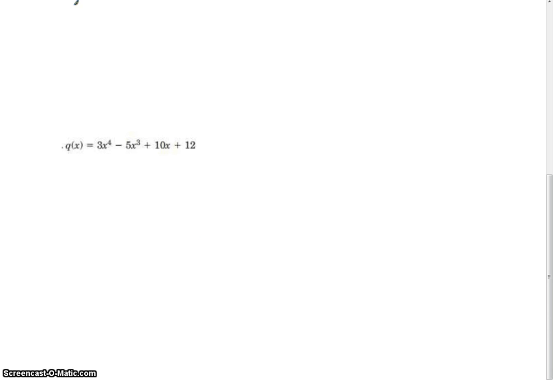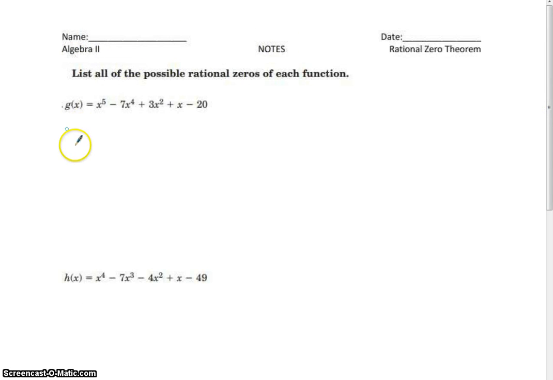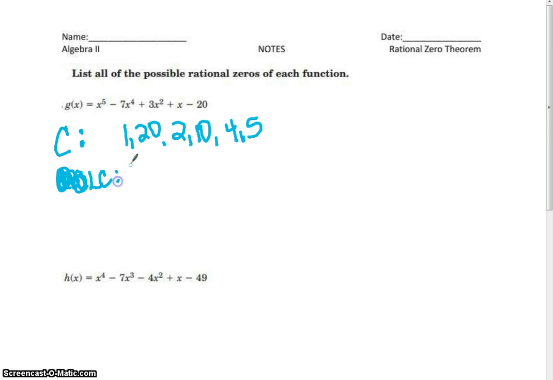Okay, one more, doing the same thing. So your constant is 20. So we have 1 and 20, 2 and 10, 4 and 5. Your leading coefficient is 1, so the factors are 1 and 1.